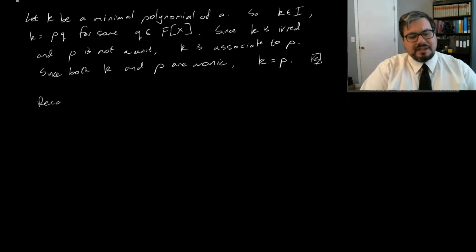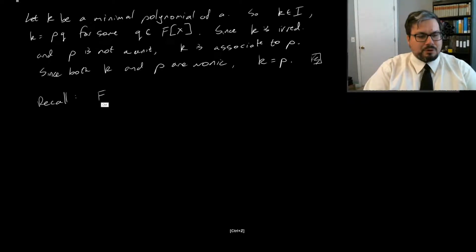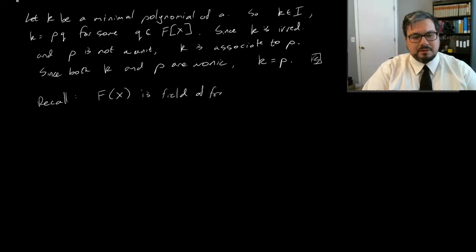Now, for the statement of the next theorem, recall that the notation F of x in parentheses is the field of fractions of the polynomial ring F adjoin x.